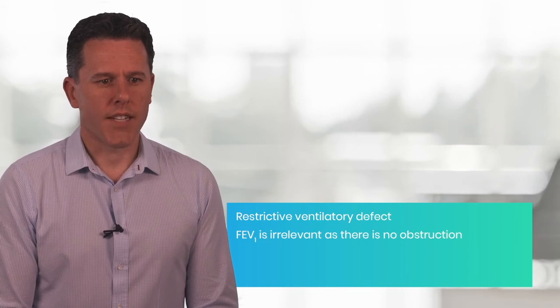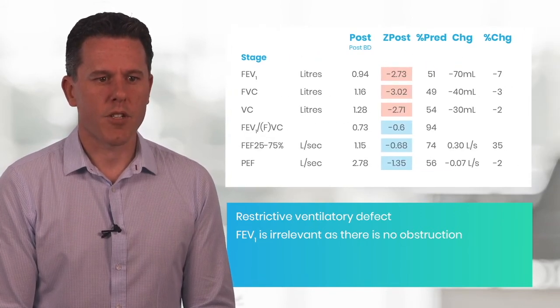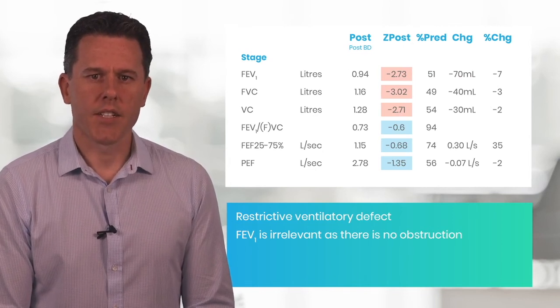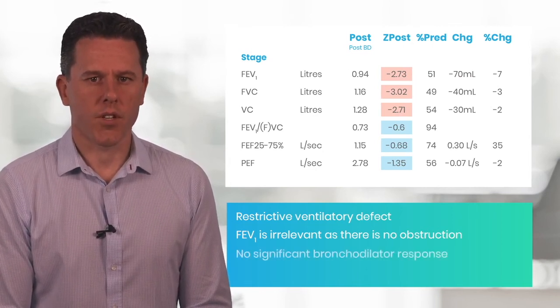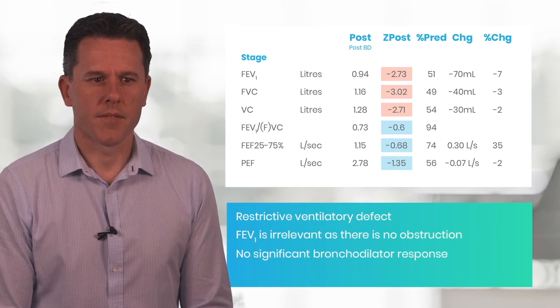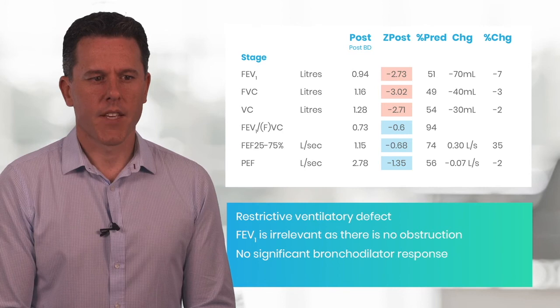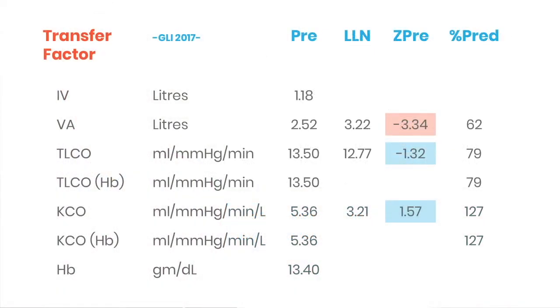If we look at the bronchodilator response, once again spirometry values have slightly reduced after bronchodilator, so we can say that there's no significant bronchodilator response. If we look at the gas transfer, this is quite interesting because the gas transfer shows that as a percentage of predicted, it's at the lower limit for normal.